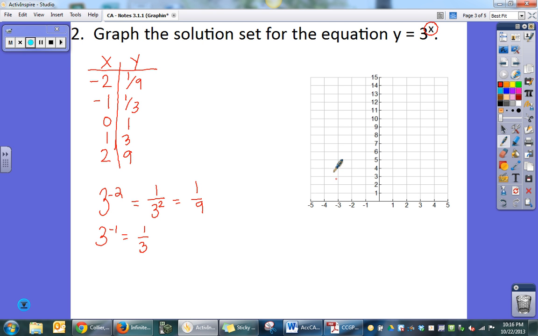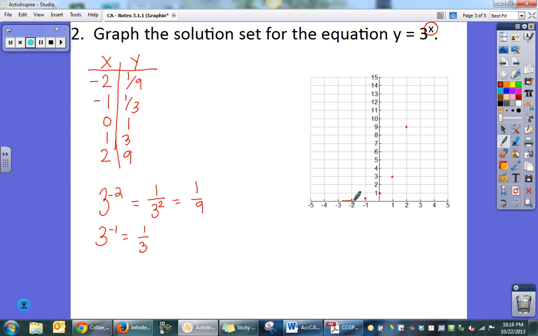So let's plot those points. I get -2 and 1/9, which is really hard to show, but -1 and 1/3, 0 and 1, 1 and 3, 2 and 9, and then if I were to plug in 3, I would get 27, which would be further than what I have on my graph.